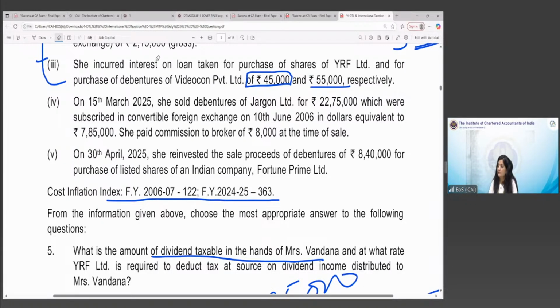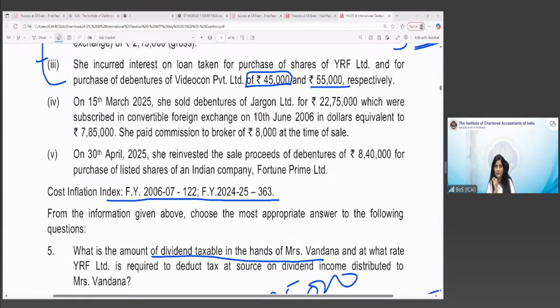Got the answer. A 14,82,000 you are arriving at, Prashant. Let's wait. You just again check it, because you have to compute applying the provisions of chapter 12A, not the general provisions.